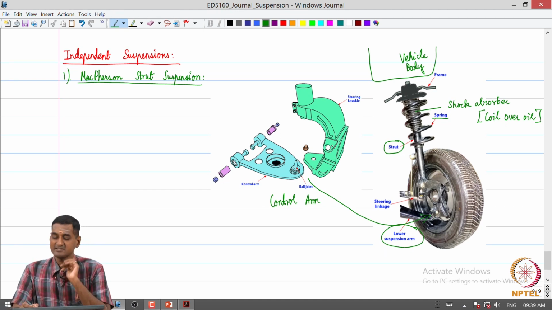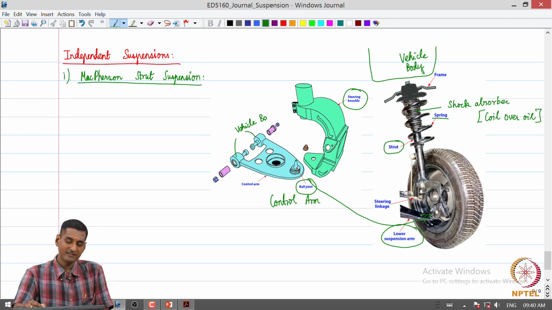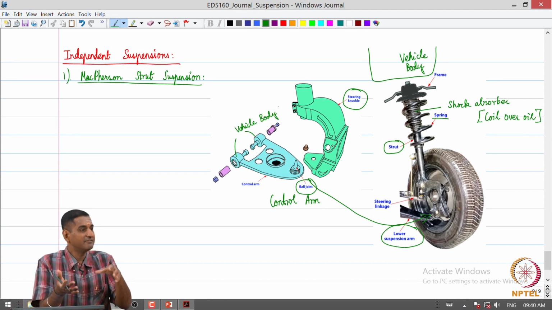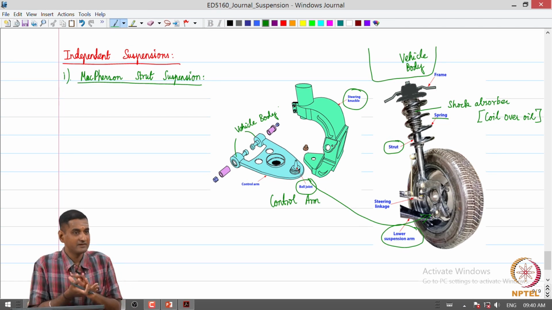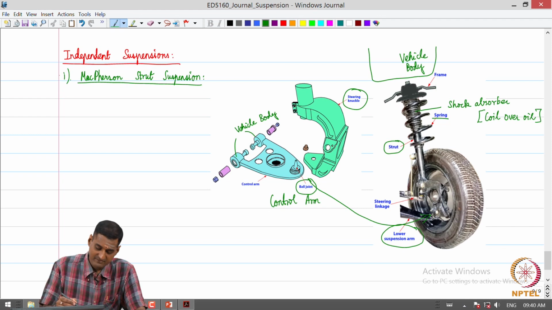So, what happens is the control arm is connected to the steering knuckle through a ball joint, and the other end of the control arm is fixed to the vehicle frame or the vehicle body. So, that there is some support between the wheel assembly and the vehicle body along the lateral direction. So, that is the role of a control arm in this McPherson strut assembly.